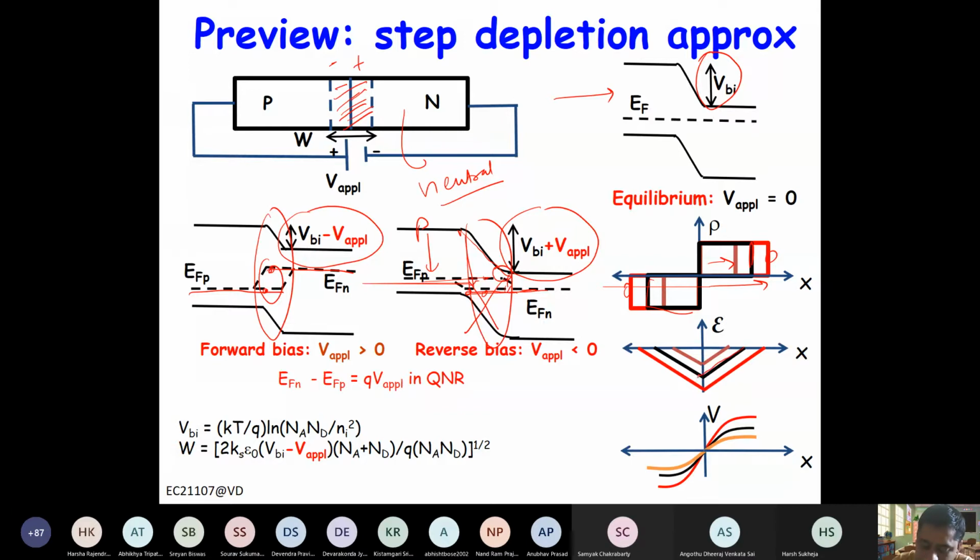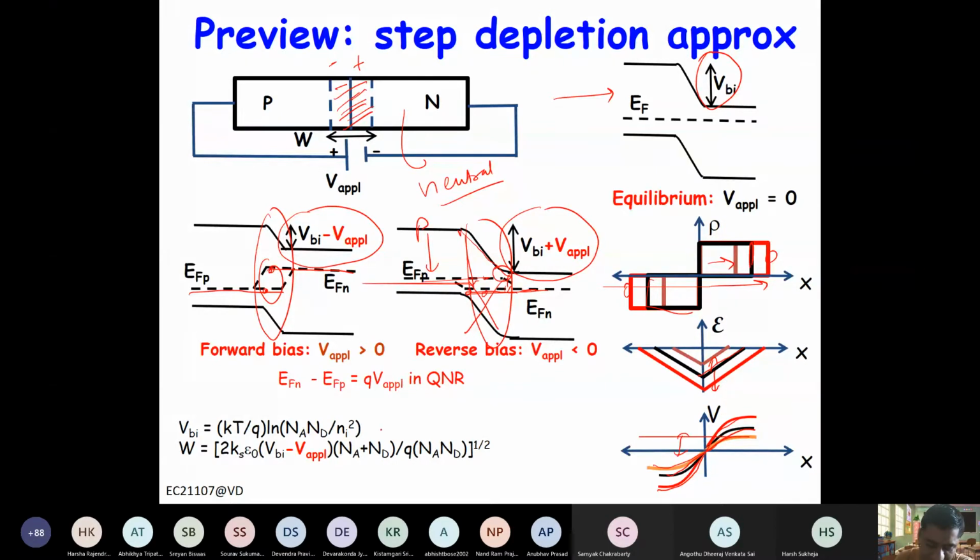For reverse bias, the electric field will increase, and for forward bias, the electric field will decrease. For the potential also, the black line is for the equilibrium case, the red line is for reverse bias, and this smaller voltage will appear for forward bias, right? So this is basically the summary.